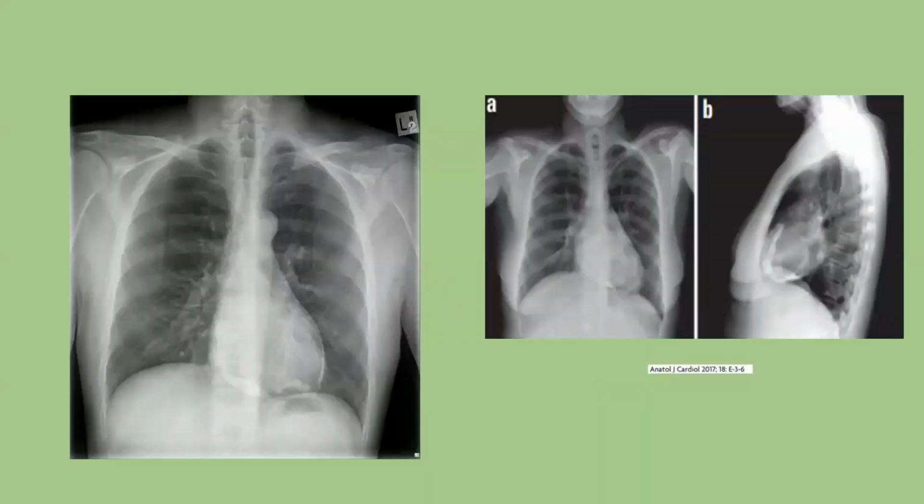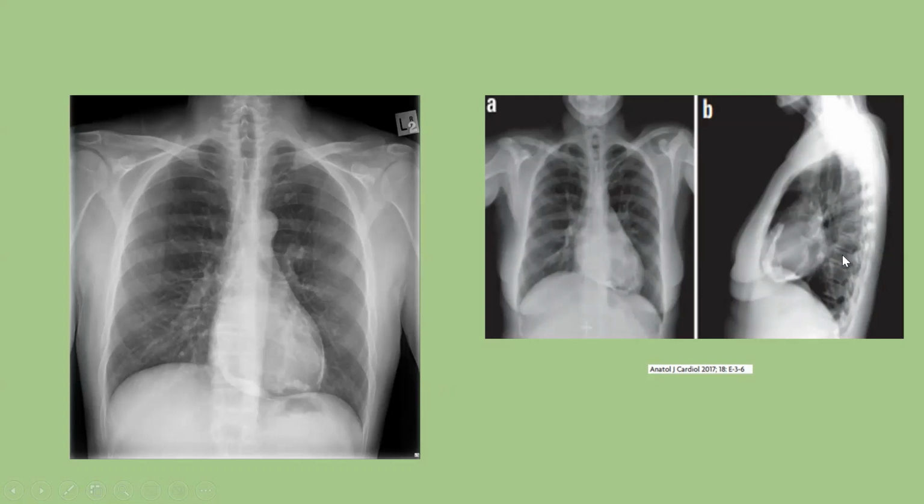Now for this chest X-ray, we are seeing a calcification here. This is a rim of calcification, and if you follow it, it's almost all on the left border of the heart. See this one, and down here. Now in the lateral, you are probably going to see it even better.